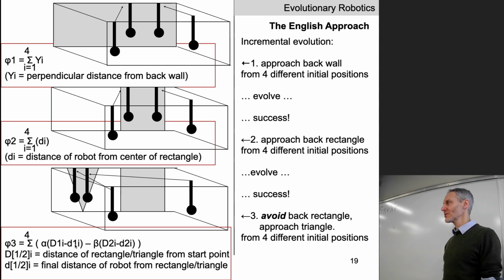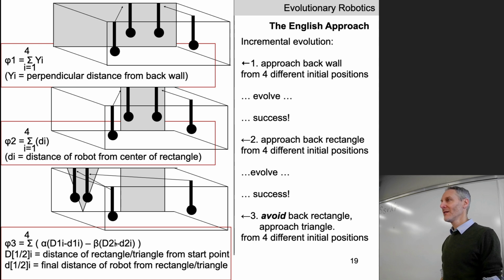What is it we want this first term to be? We want this to be as small a number as possible, right? We want lowercase d1 to be really big, be as far from the rectangle as you can at the end of the evaluation. We want this term to be as small as possible.